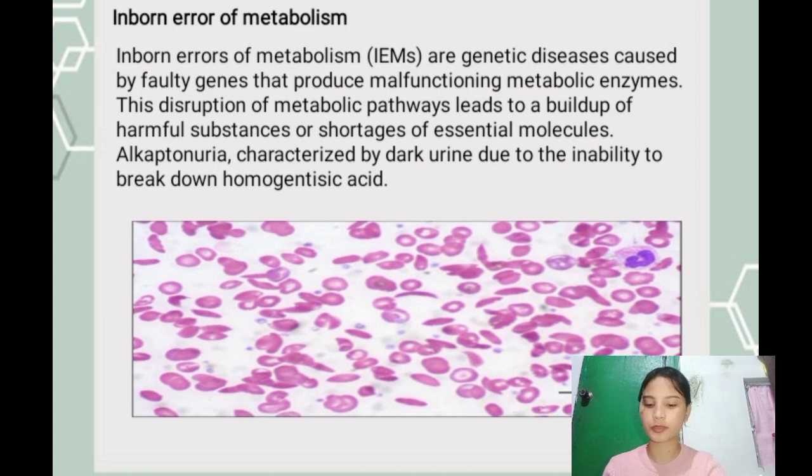These defects disrupt metabolic pathways, leading to the accumulation of harmful substances or deficiencies in essential molecules. A classic example is alkaptonuria, where a defective enzyme prevents the breakdown of homogentisic acid, causing dark urine.